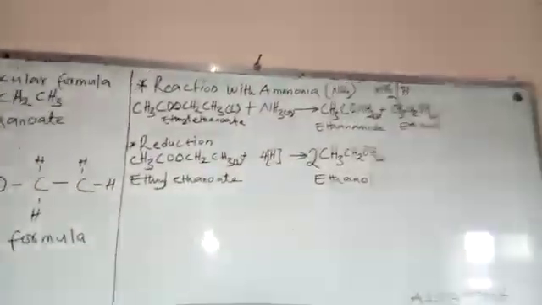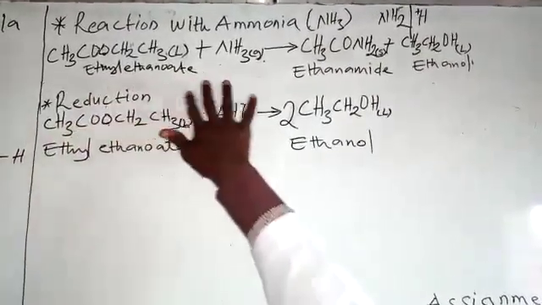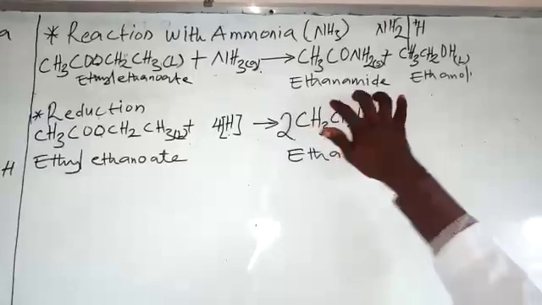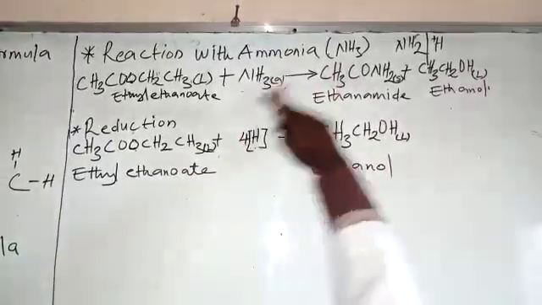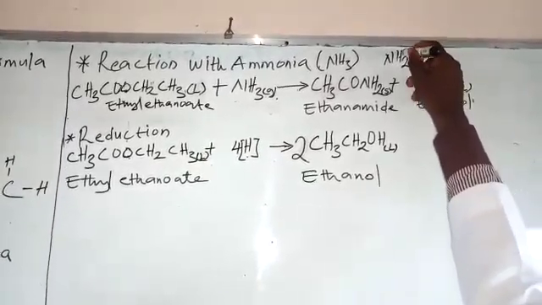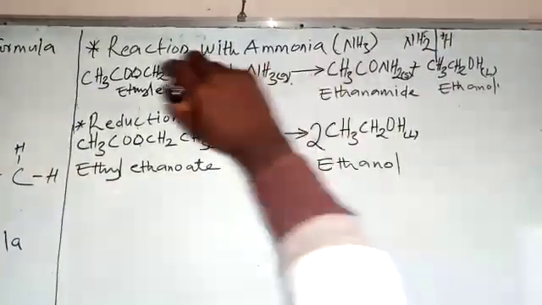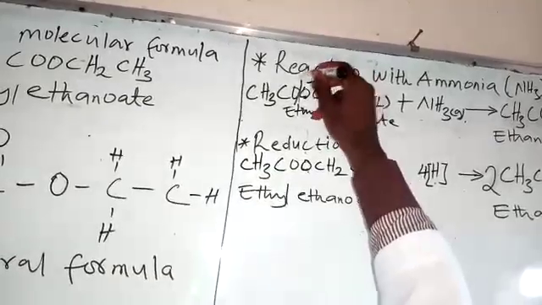Next is reaction with ammonia. Reaction with ammonia gas. When ethyl ethanoate reacts with ammonia gas, it gives you ethanamide and ethanol. Look at the reaction here. This ammonia, you break the bond here. Here will be plus and here will be minus. Now, coming this way, you break this bond here. Here will be plus, here will be minus, and here will be plus.